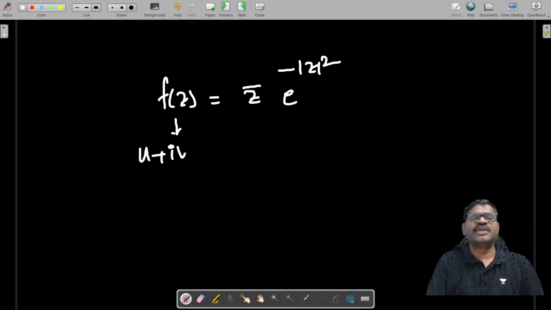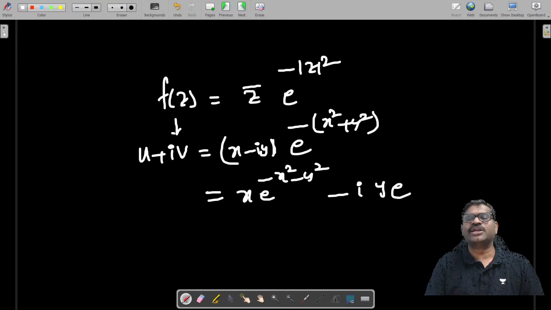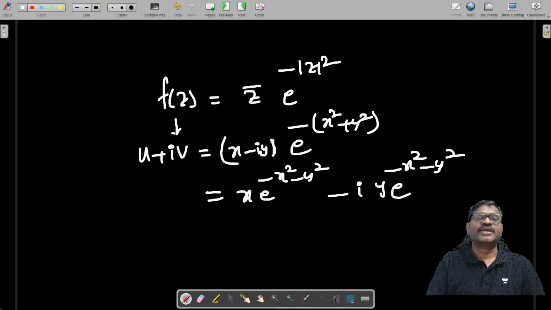u plus iv equal to z bar, which is x minus iy, into e power minus of x square plus y square, that is x into e power minus x square minus y square minus i y into e power minus x square minus y square. Okay, na?